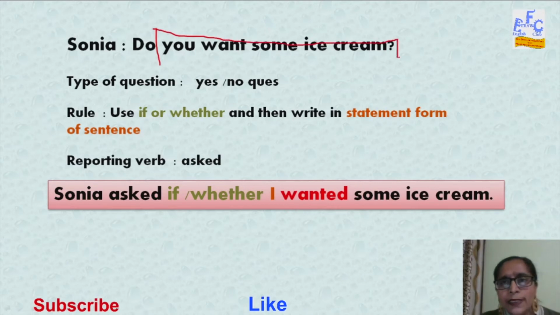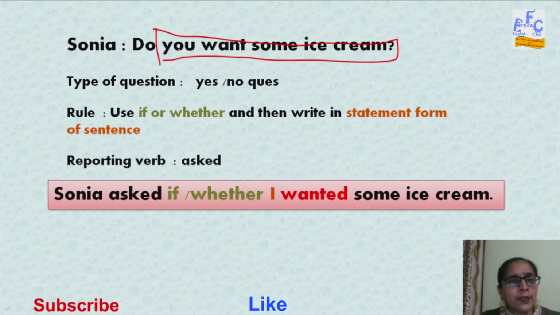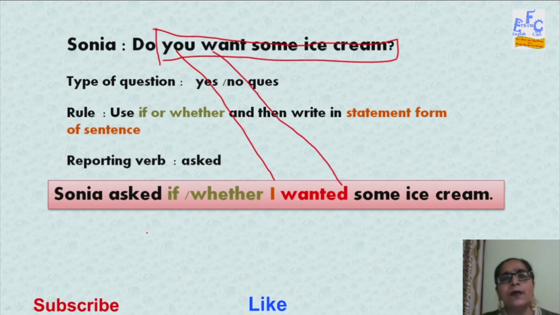Because the speaker is asking the second person, when that person reports, it will be considered first person. So, this you is converted into I, and the verb want, simple present tense, is converted into simple past, wanted.